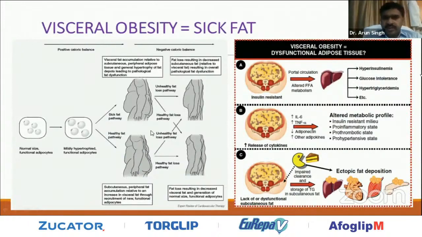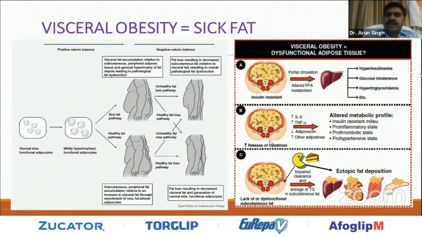I would say ignore the left side and focus on the right side. It happens at multiple levels because of lack of subcutaneous fat or dysfunction of subcutaneous fat. The excess calories cannot be stored in the subcutaneous tissue, and there is impaired clearance, which leads to ectopic fat deposition in the heart, liver, muscle, pancreas, and elsewhere.